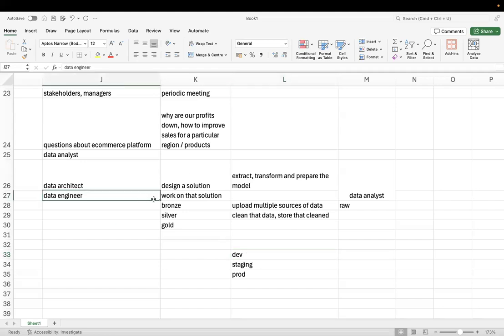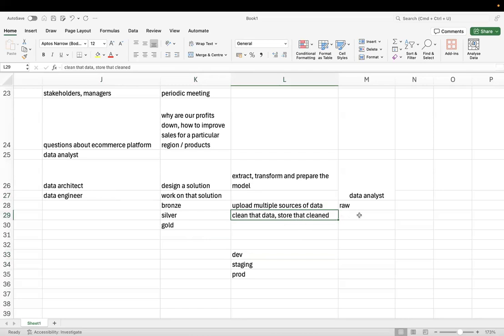Two data engineers are going to work on five or six transformations, because sometimes transformations are so complex, guys. It's not as easy as cleaning nulls. We'll talk about those complex transformations in the upcoming sessions, but for now, please assume that they are complex, and there are multiple data engineers working on the same solution. That is a high possible chance. So they'll work on the development environment. They'll clean the data in the silver layer.